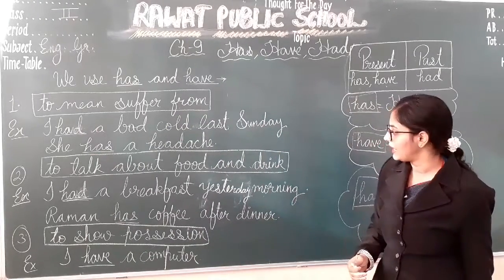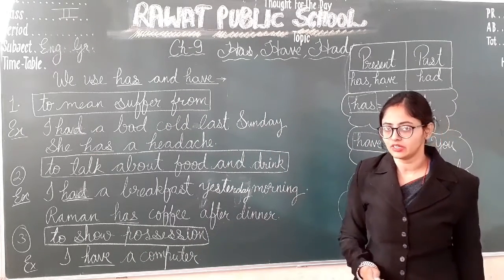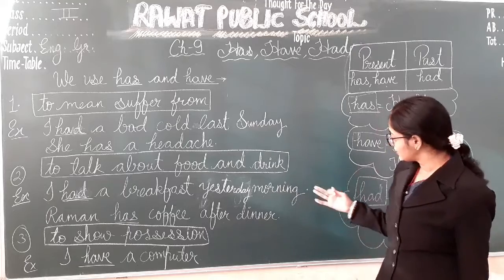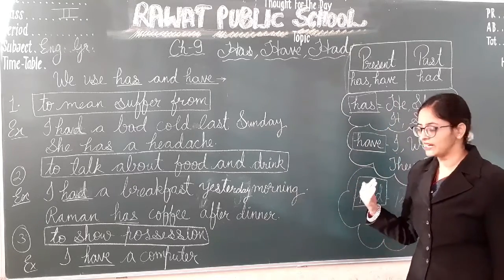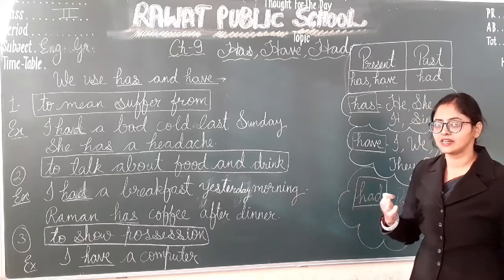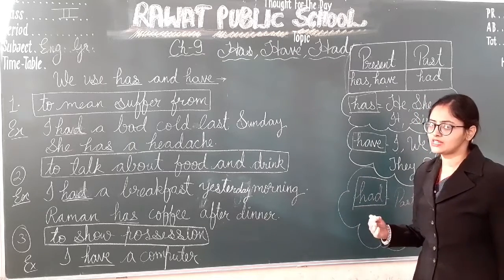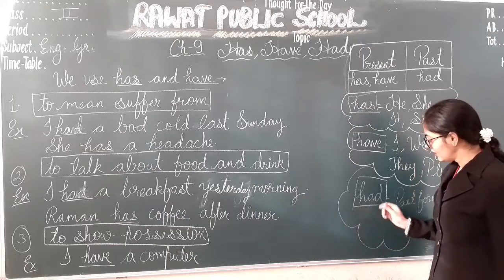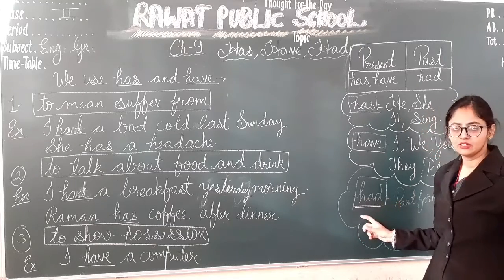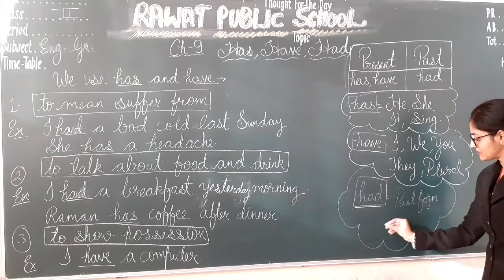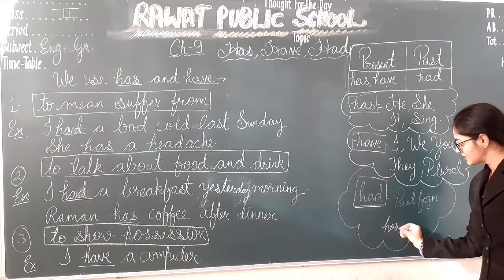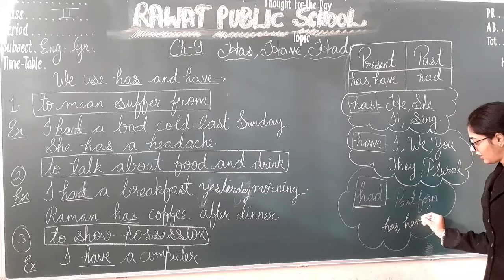I had a bad cold last Sunday. Understand? Means when we are talking about past form, जब भी हम past की पुरानी बात करेंगे तो जहां भी has या have लगता है वहां हम has और have की जगह पे क्या लगाएंगे? had. We will use had for the past form. For the past form of has and have.